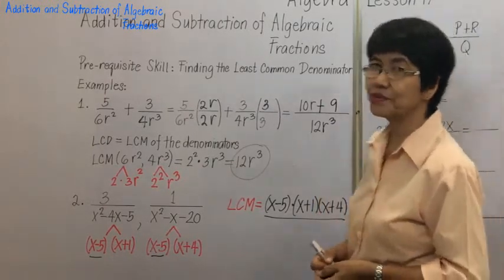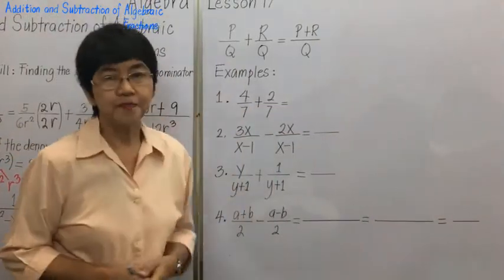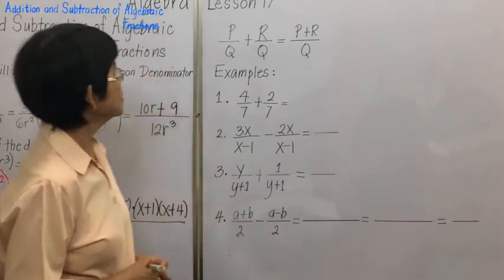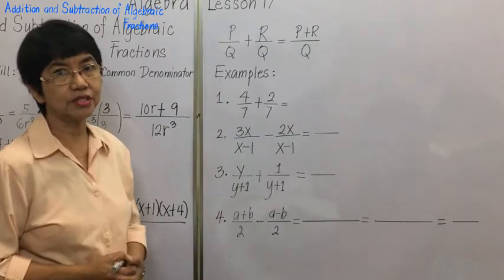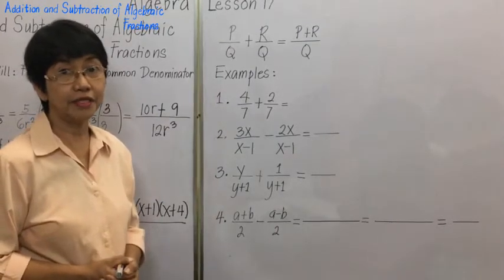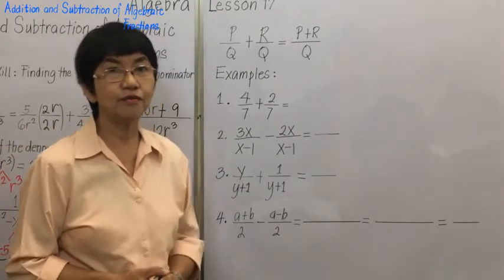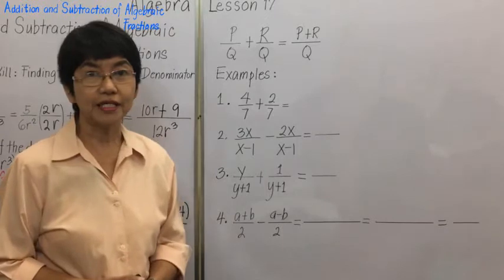Now we're ready to add and subtract the algebraic fractions. First, we will add or subtract algebraic fractions with similar denominators. If the denominators are the same, then we simply add the numerators and copy the common denominator.